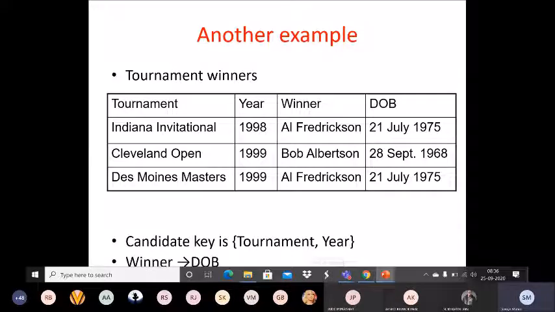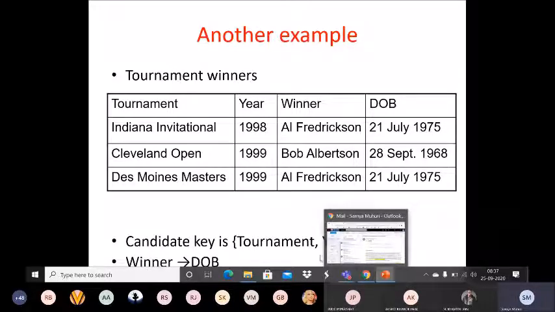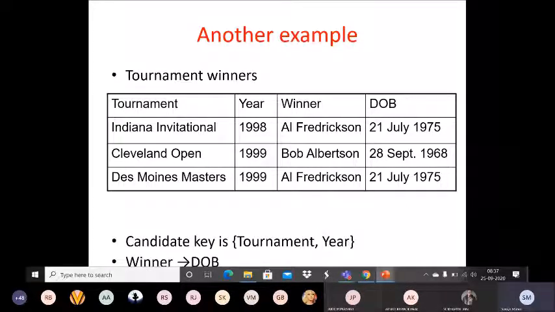And winner determines DOB. So think about a non-prime attribute, that is winner, determining another attribute, that is DOB.